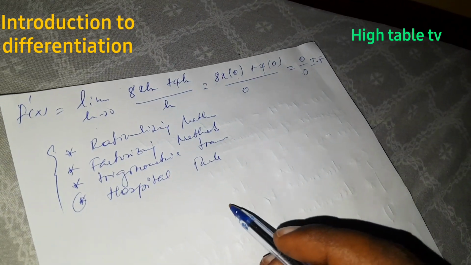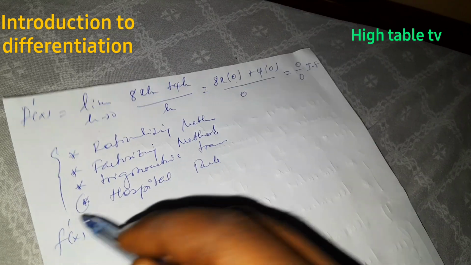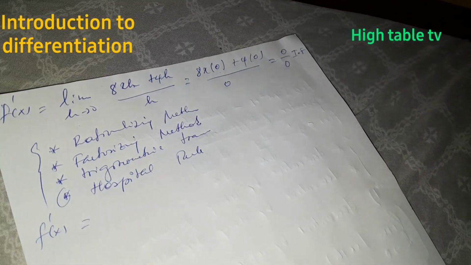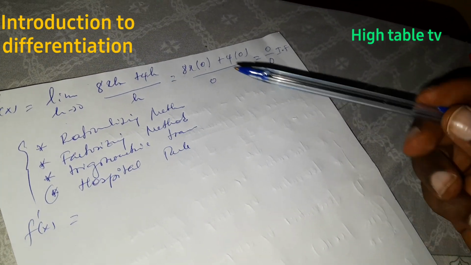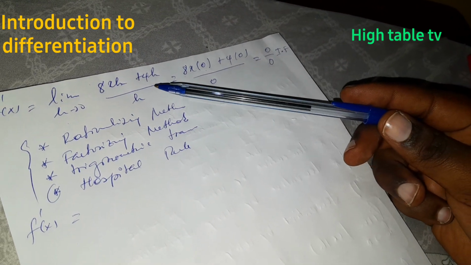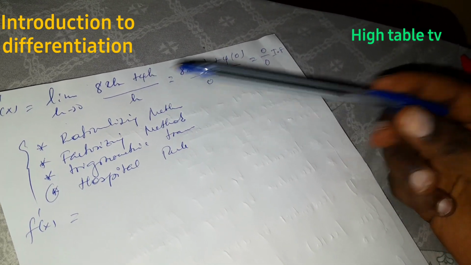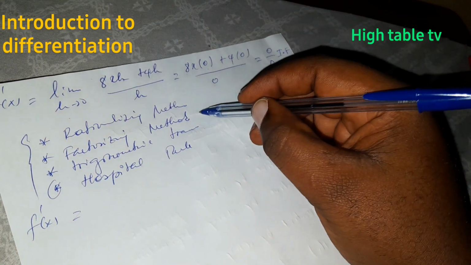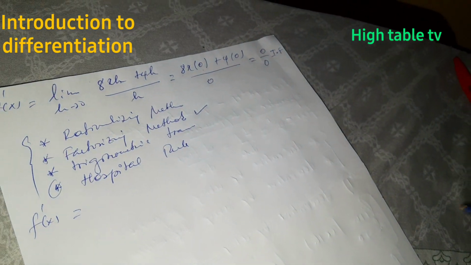So now we can use one of the techniques above by referring to the type of function that we have here. This is a rational function. It will be better if we use the factorization method.